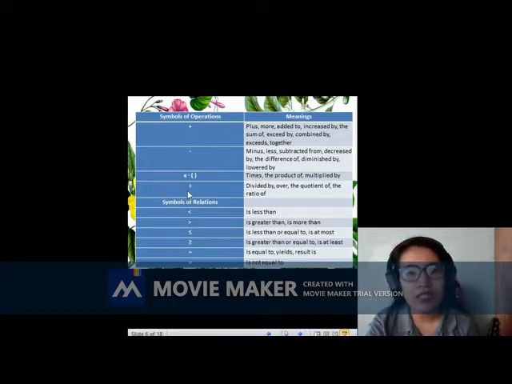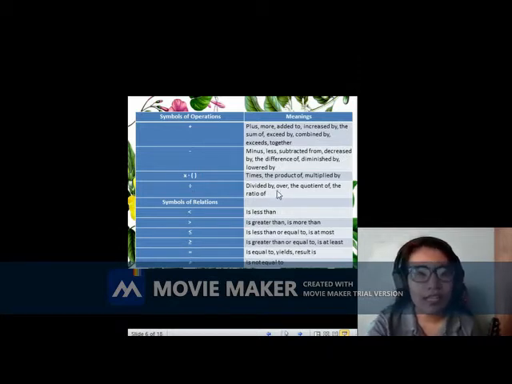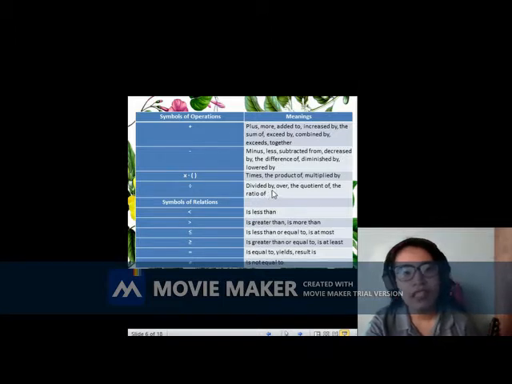We also have the symbol for division. But if it is written in fraction, you will not see the dot, just the numerator and the denominator. But it also means division. And the words used for that are divided by, over, the quotient of, the ratio of.